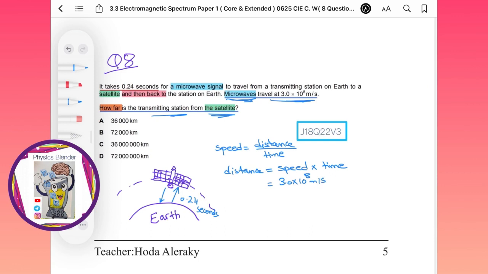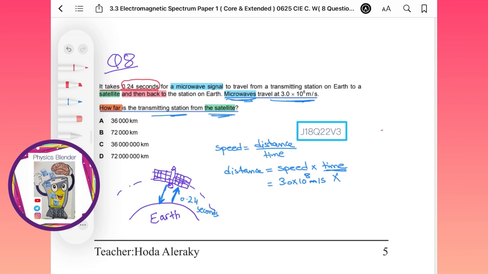Check that you have consistent units. The time mentioned here is the time taken by the signal to travel from Earth to the satellite and back from the satellite back to Earth. So you have to divide this value of time by 2.